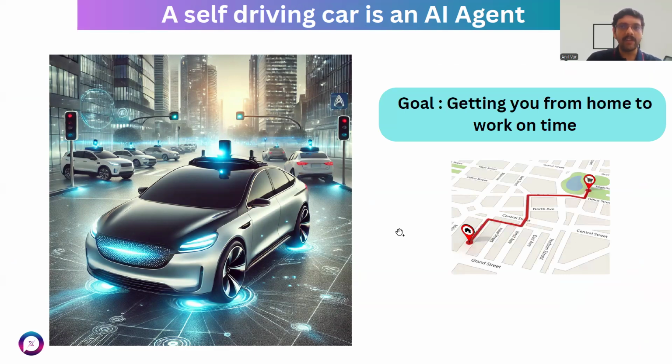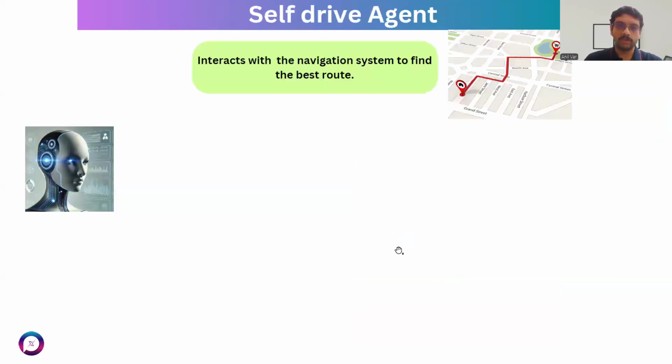So take a self-driving car, and let's assume we're at the point where they're completely autonomous. You tell it that you want to go to work, so the goal it's been set is to get you from home to work. Now, what does the autonomous car do? First, it interacts with the navigation system. Think of it as the agent, and for now, let's just think of it as one agent.